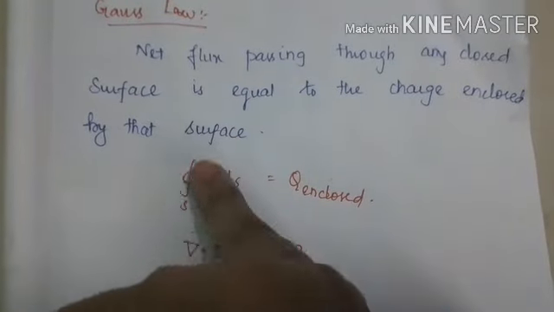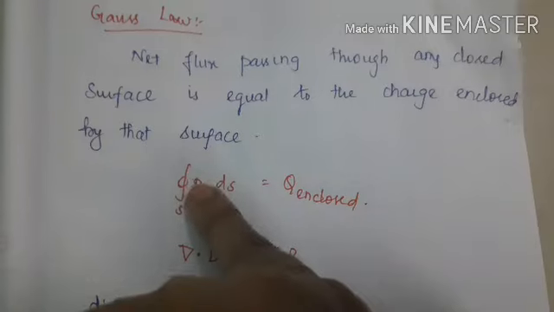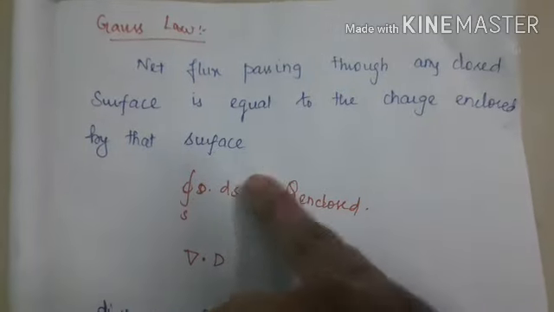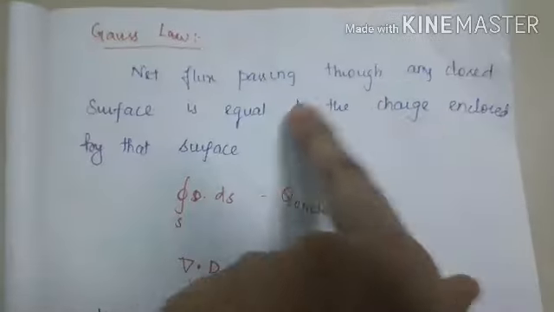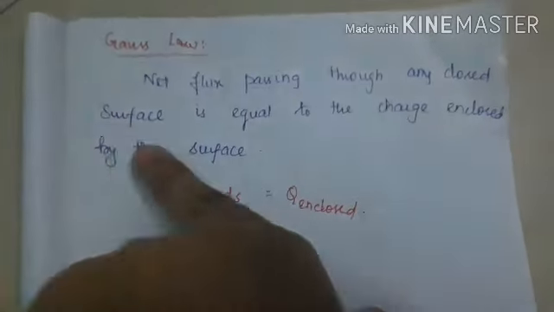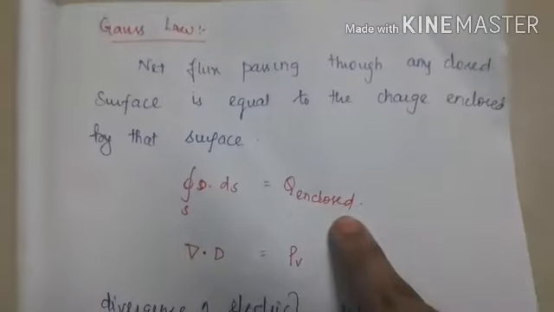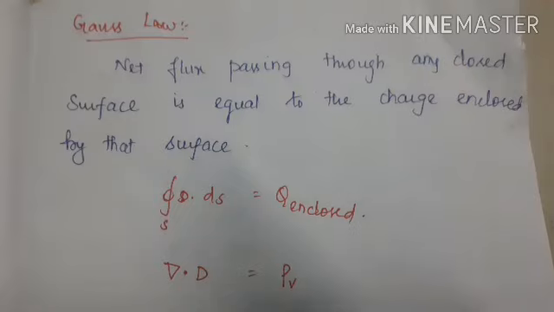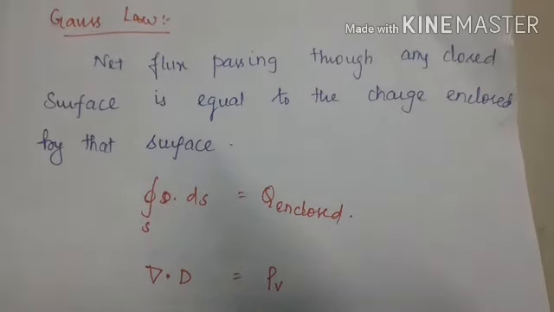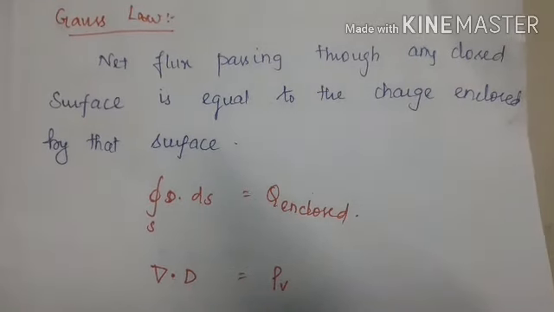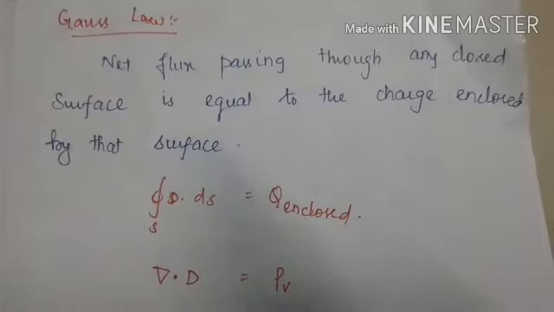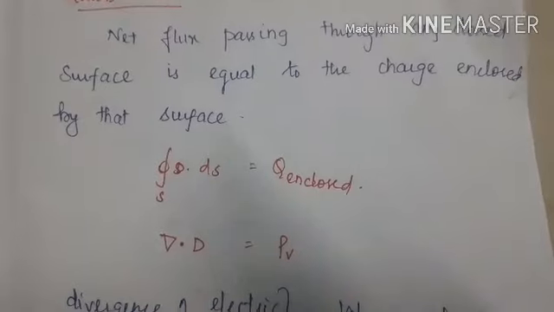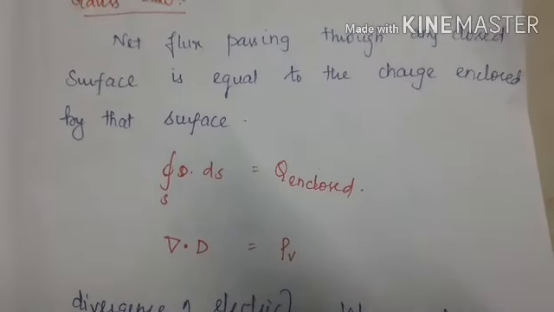So the closed surface integral of flux density, D dot ds, is equal to the charge enclosed by that surface, Q enclosed. Have you all understood the statement of Gauss law? The closed integral D dot ds is equal to Q enclosed. This is in integral form.